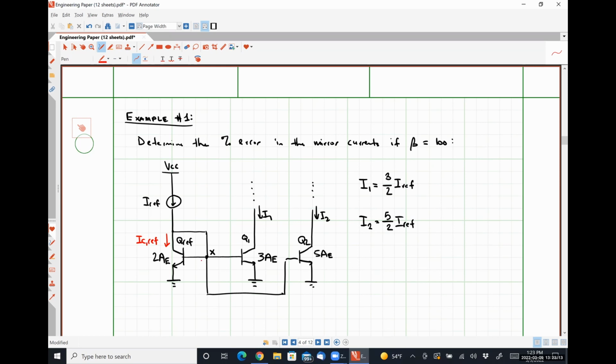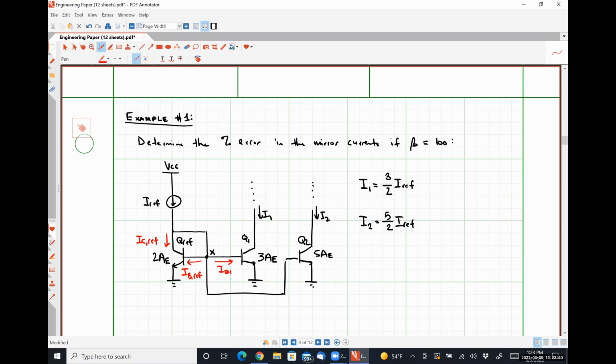We're going to have this current which is IB ref, because it's the base current for our reference, right? It's also leaving node X. Are we okay with that? We're going to have this current.